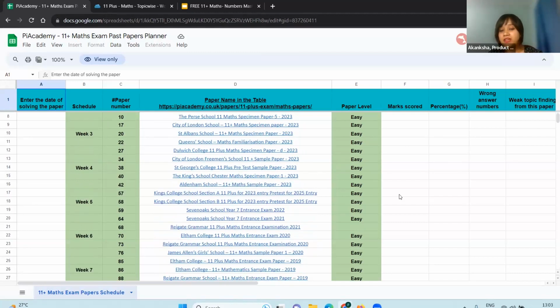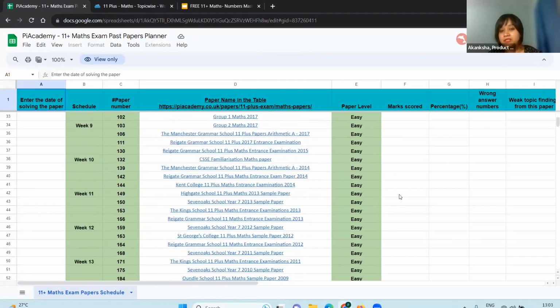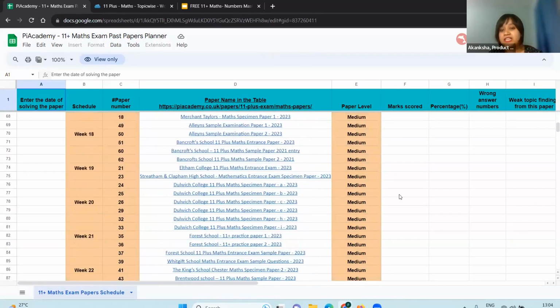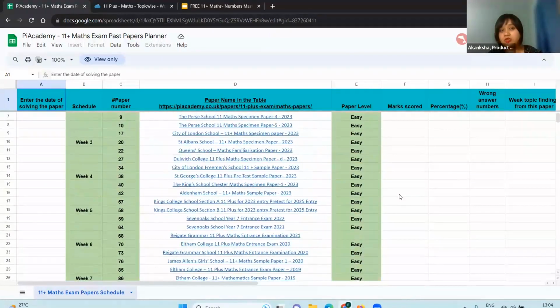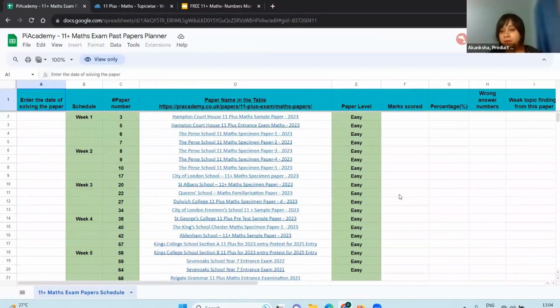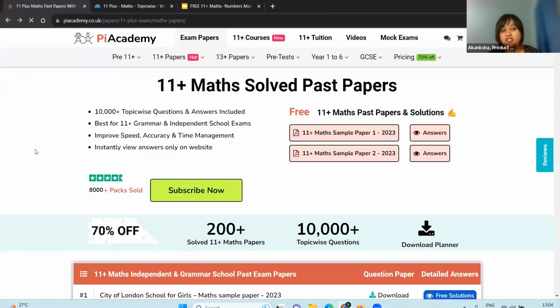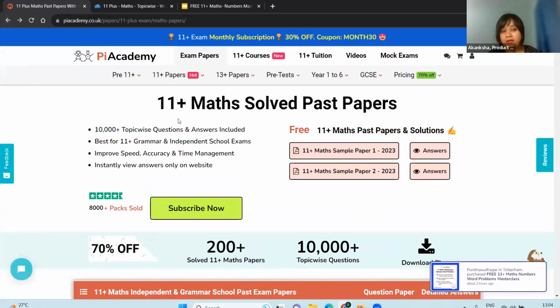In this planner, we have segregated these question papers by the level of difficulty: easy, medium, and hard. This ensures that you do not jump into a question paper that you are not completely prepared for. If you follow this planner, you would be able to cover all your concepts from the ground up, and you would be very confident in the final exam. So check out our website, check out our free planners.